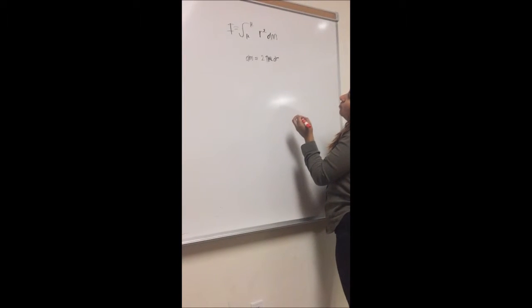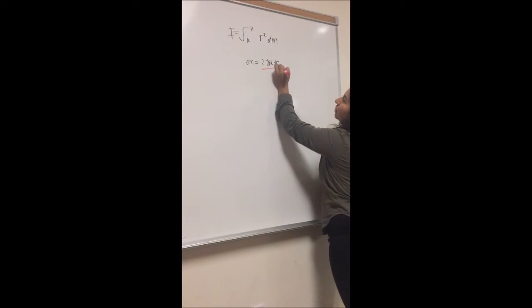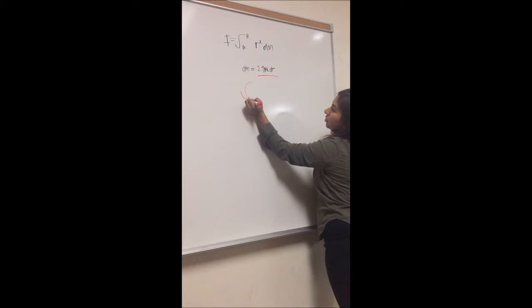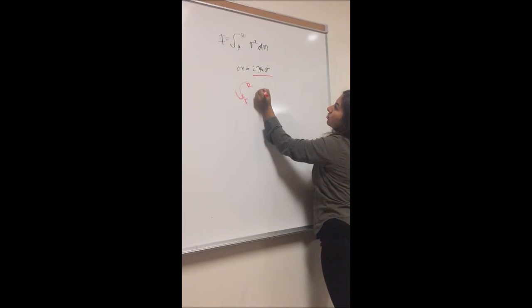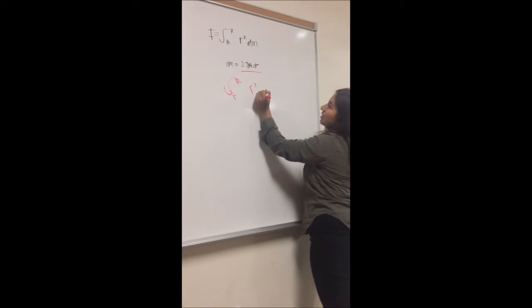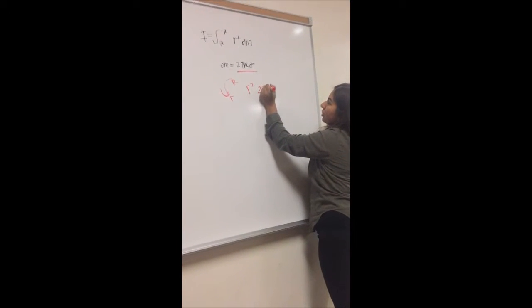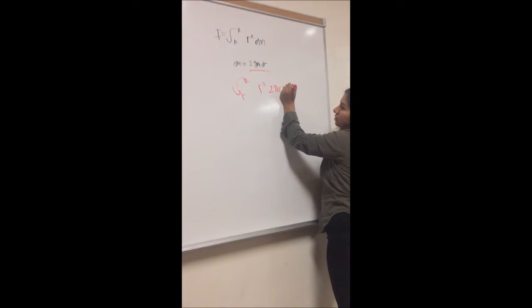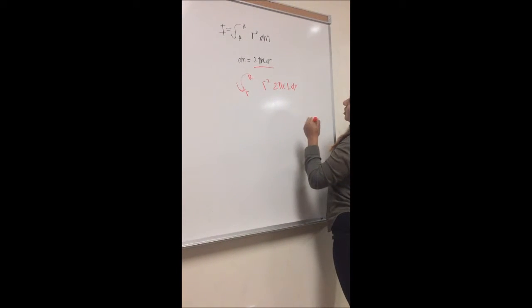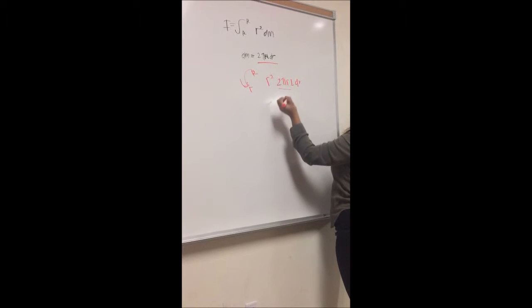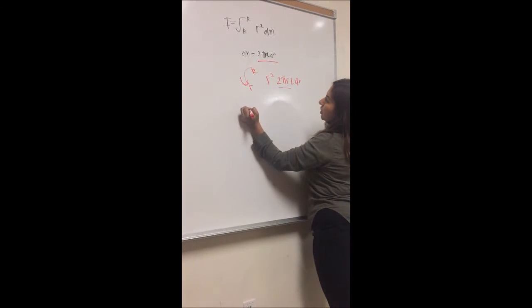So now that we're plugging this dm back into our equation, the limits are little r and big R. So we're gonna have r squared dm, where dm is 2 pi r L dr. Now we know that these are constants, so we're gonna bring them out and integrate.